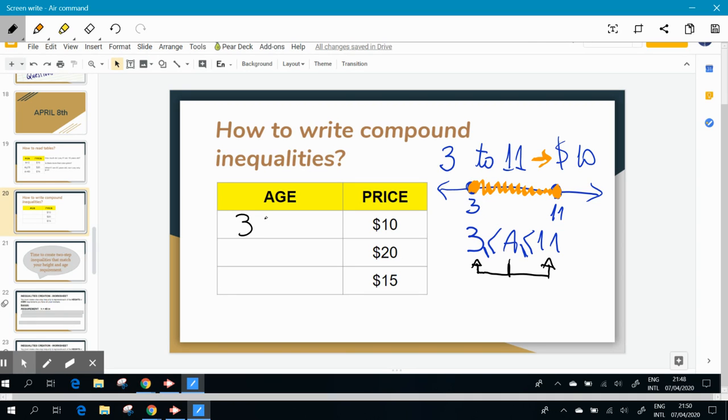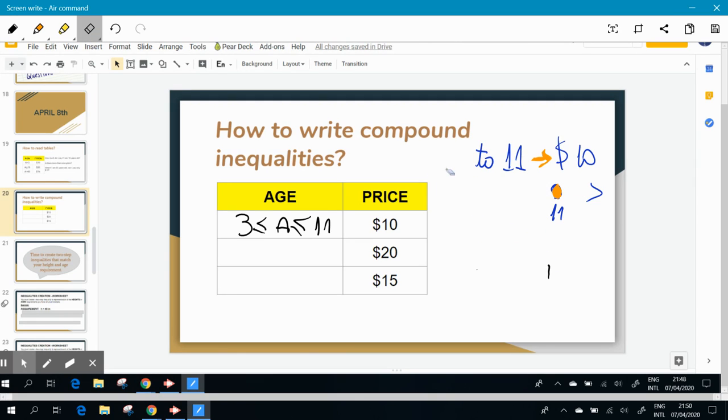Okay, 3 is less than or equal to all the ages which are less than or equal to 11. So this is the first range that I want. Okay. The second range that I want is people who are from 12 to 64. Okay.